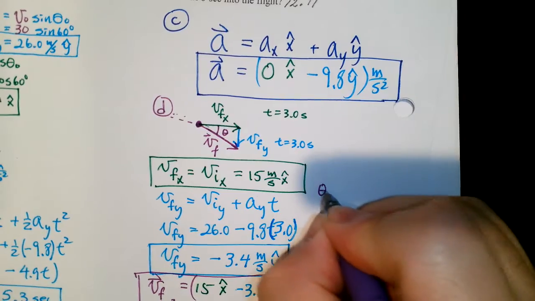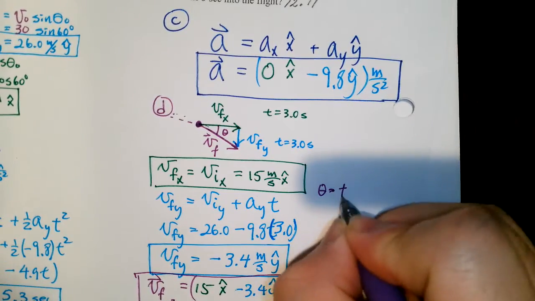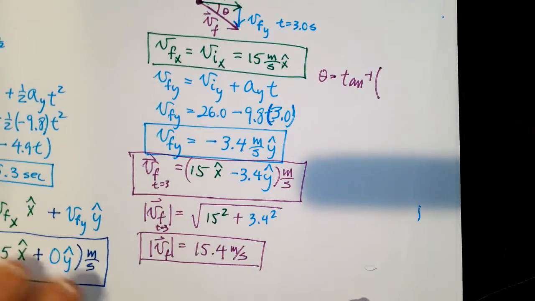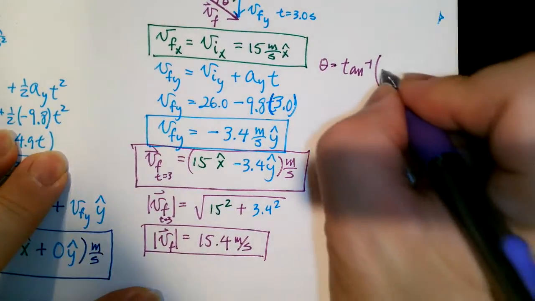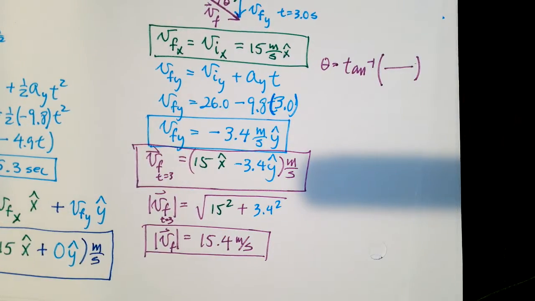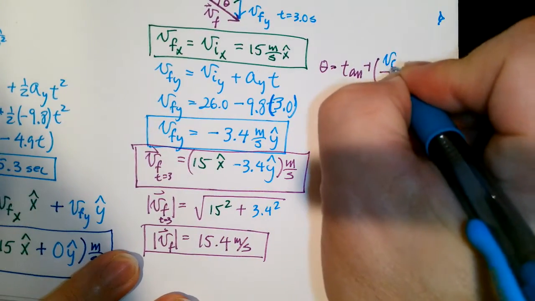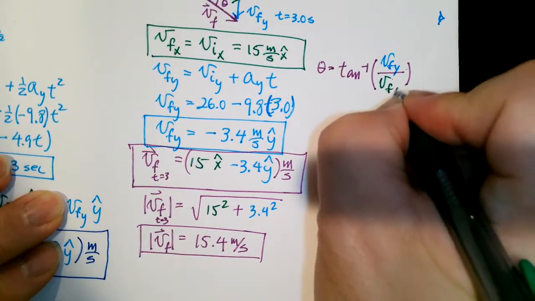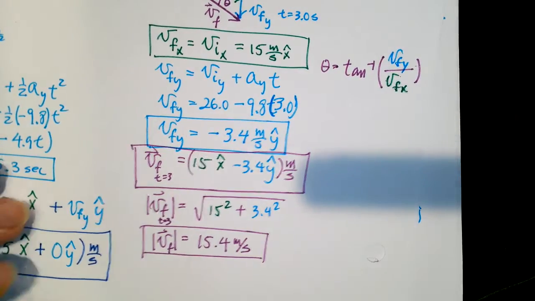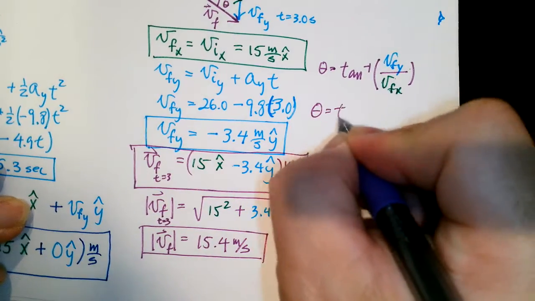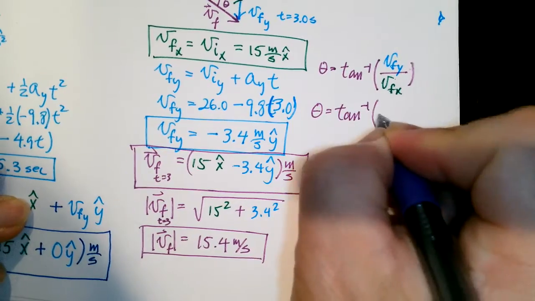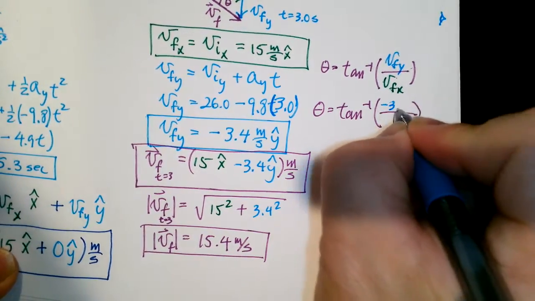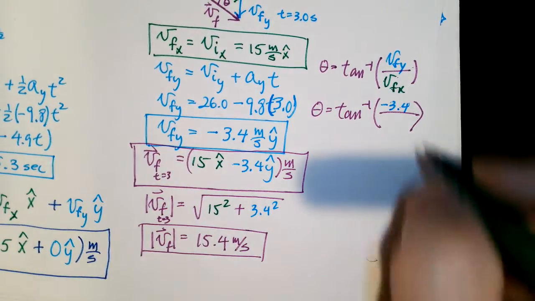Then theta is equal to tan inverse of VFY over VFX. Therefore, theta is equal to tan inverse of negative 3.4 over 15.